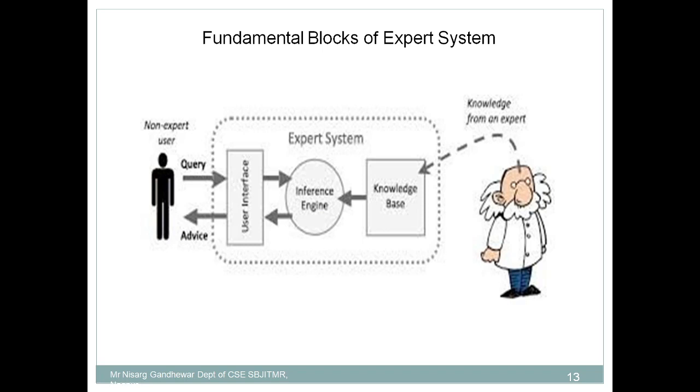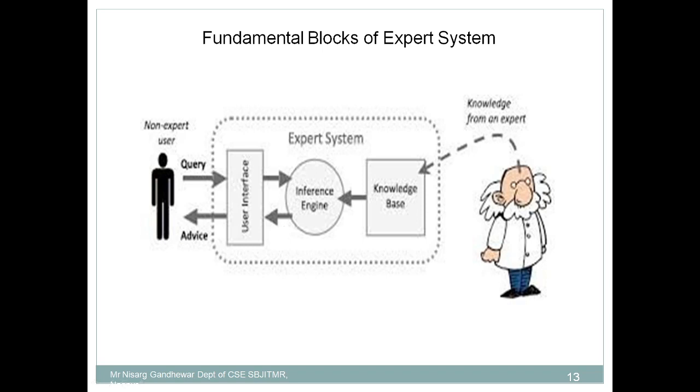The third and most important part is the knowledge base, the component where we store the knowledge of a particular expert. Let's say you are developing an expert system for medical, so you are going to store a doctor's knowledge in that knowledge base.